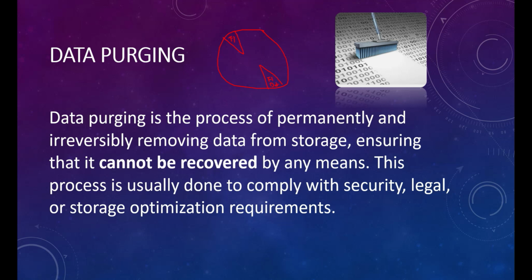So that copy will still be stored if you're deleting. But with purging, once you purge this F1, it is permanently gone. There is no second copy of it. It is nowhere in the disk, so you cannot recover it. That is why it is quite a risky operation, because it cannot be recovered. It's like shift delete, right?